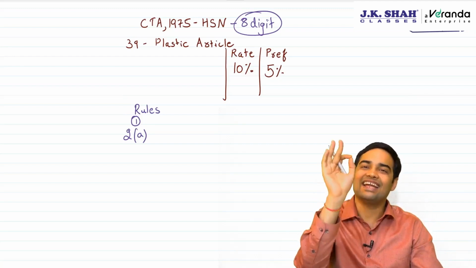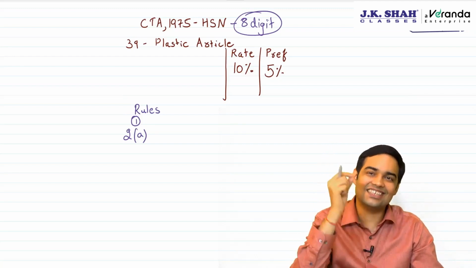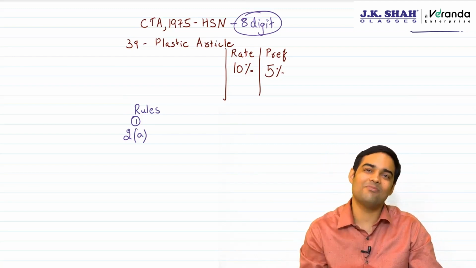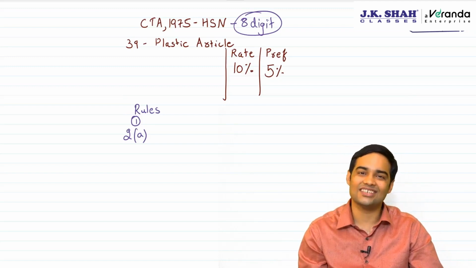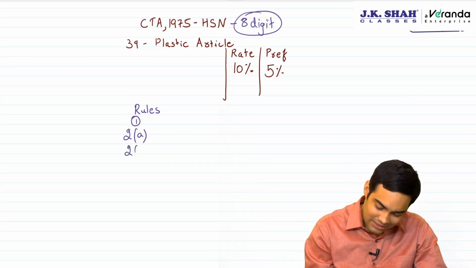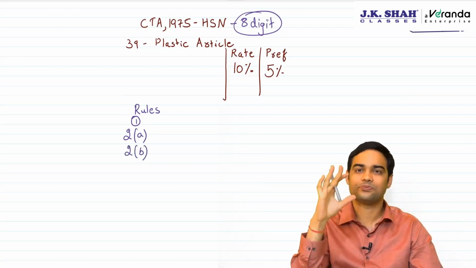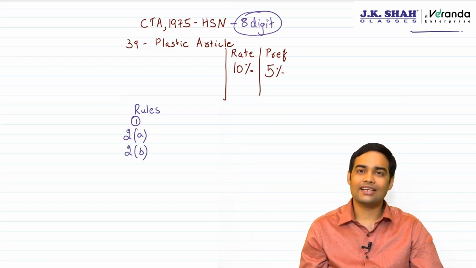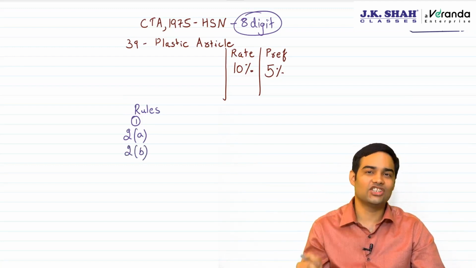Government said an unassembled product having essential characteristic of an assembled product will be treated as if it is an assembled product. Plus, anything which is mentioned in the Custom Tariff Act, it will include its mixtures as well.